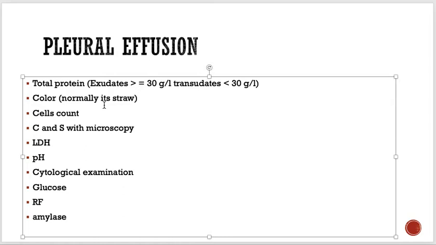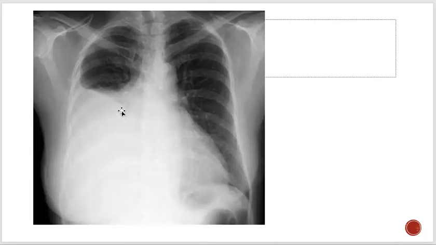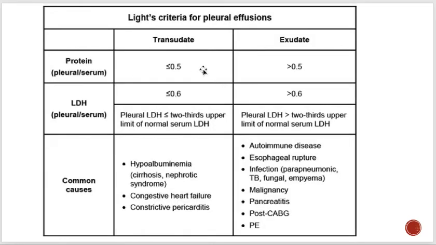And of course, whenever a pleural effusion is there, it points towards further investigations. Okay. Of course, anyone who presents with pleural effusion, the first thing we will do is pleural fluid analysis.